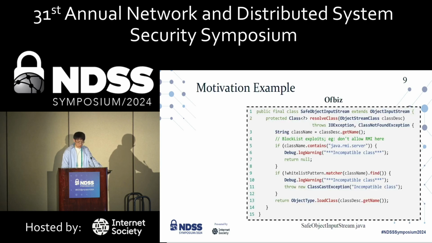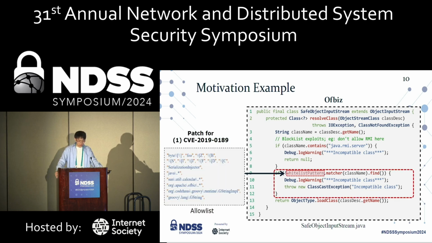Let's consider a motivation example. This code serves as a patch for serious deserialization vulnerabilities from the Opencms project. From the beginning, Opencms directly exposed a deserialization entry without any defense, leading to the first CVE. To mitigate this vulnerability, the developers first customized an allowlist according to Opencms requirements, as shown left. Such an allowlist can effectively prevent malicious deserialization.